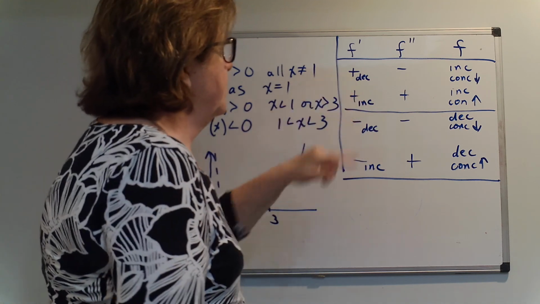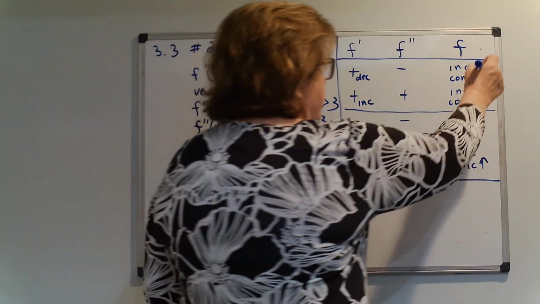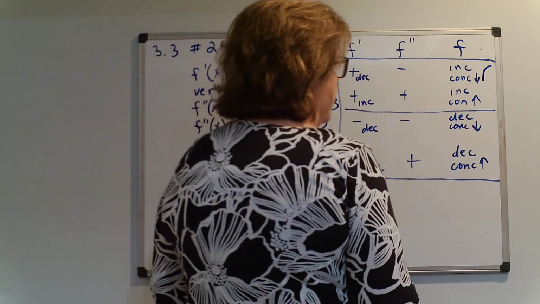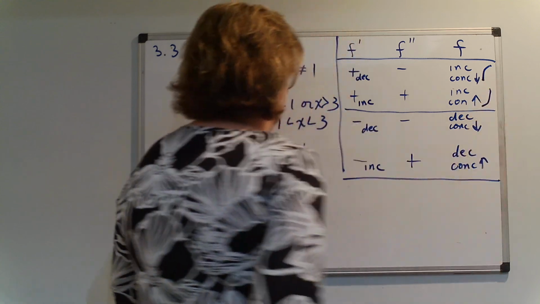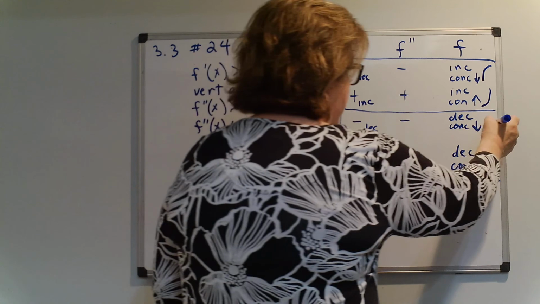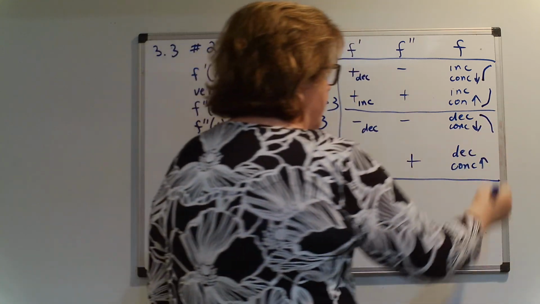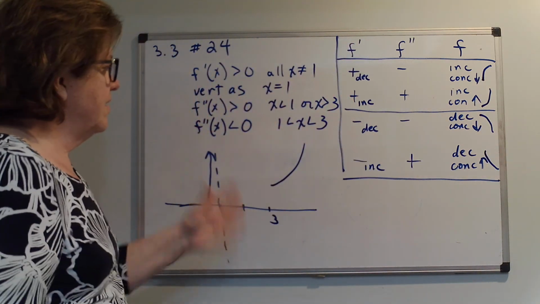If the first derivative is positive and the second derivative is negative, we're increasing and concave down, so we're like that. Increasing and concave up is going to be like this. Decreasing and concave down is going to look like this. Decreasing and concave up is going to look like this. So we know it's going to look like that.